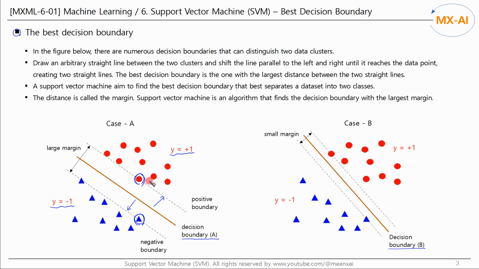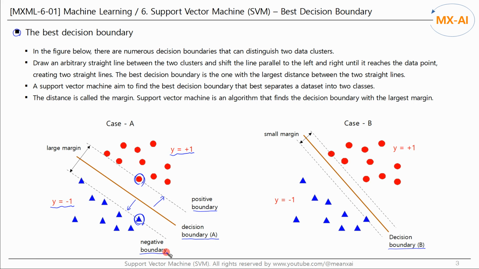The straight line that intersects the data point with the class of +1 is called the positive boundary. And the line that intersects the data point with the class of -1 is called the negative boundary. The best decision boundary is the one with the largest distance between the two boundaries.